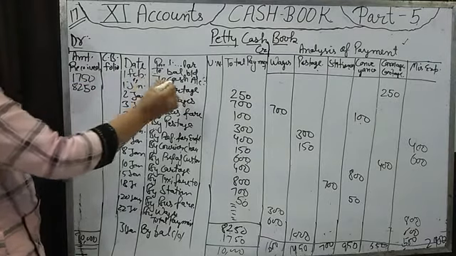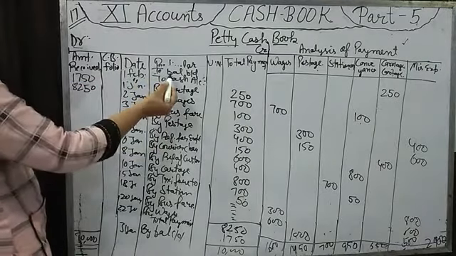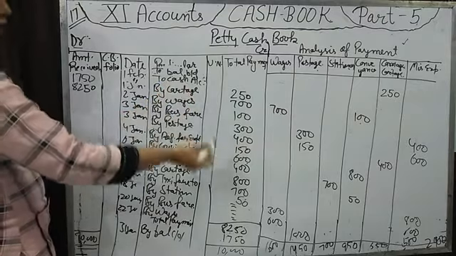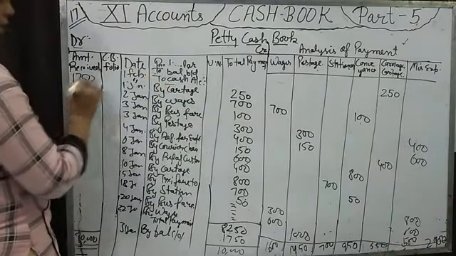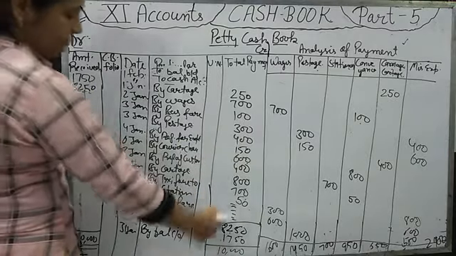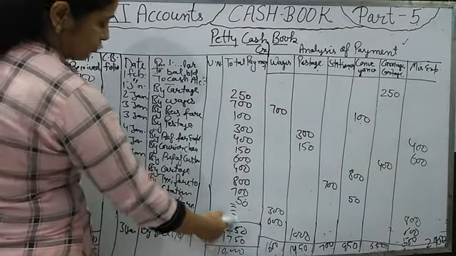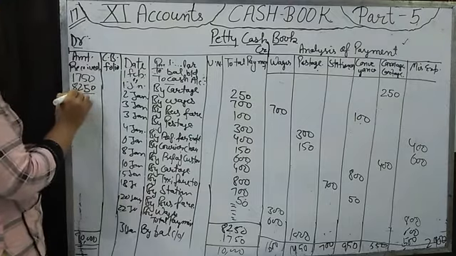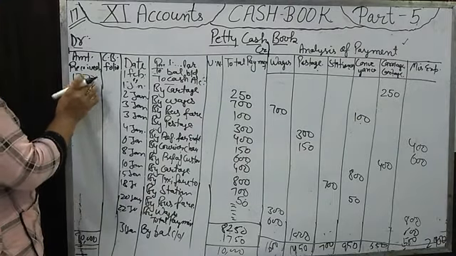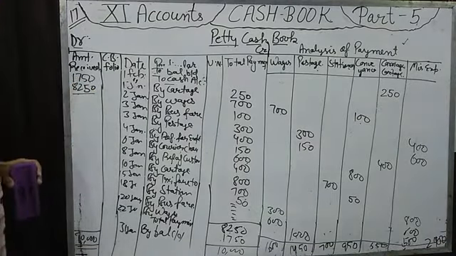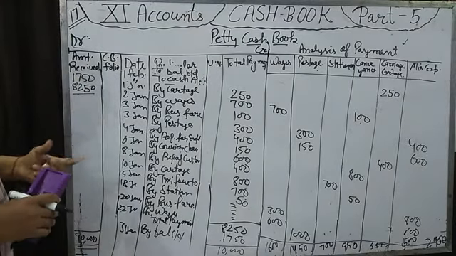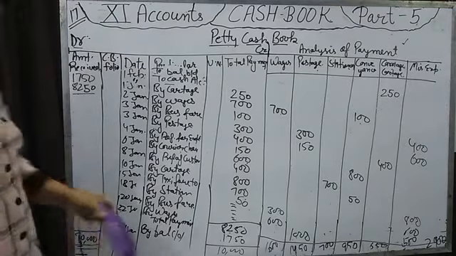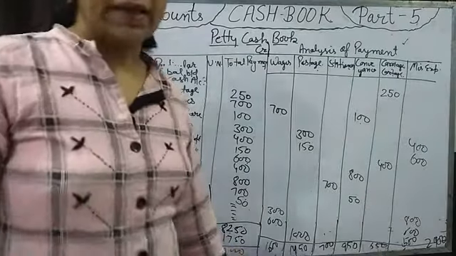Balance BD means the amount of the previous month that we have after the payment of Jan month. Then again we will receive the total payment we have done in the previous month, 8250. Now in total we have the same imprest amount, that is 10,000. Now from that 10,000 we will make the payment of Feb month. Okay, so this is all about the petty cash book.